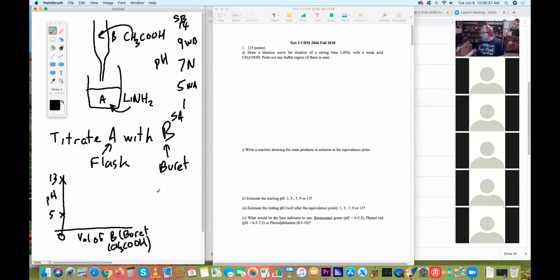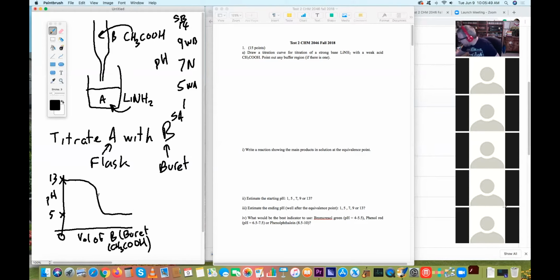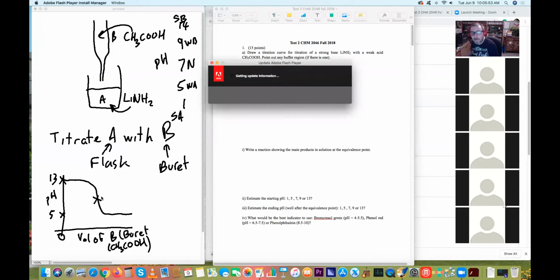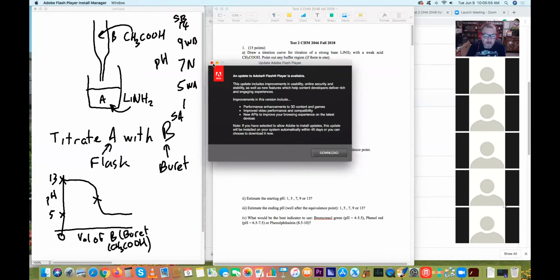That's going to be a pH of 5. So that's going to be the end there. And then the curve is going to look like this. It starts at 13, ends at 5, and we get this large drop in the middle here. And in the middle of that, that's the equivalence point. Excuse me. Let me get rid of that.